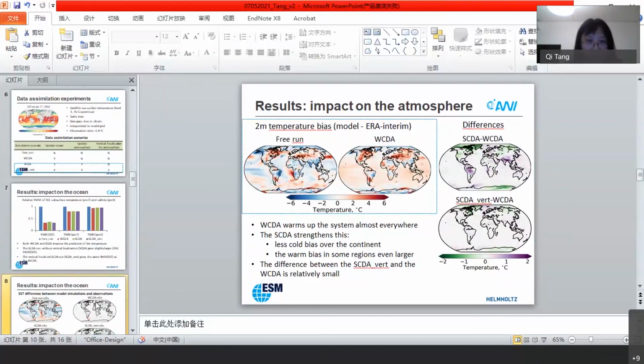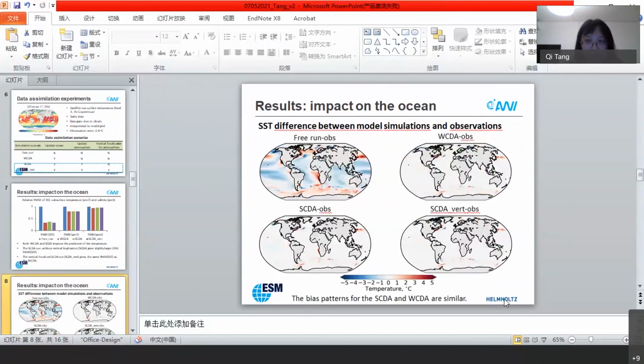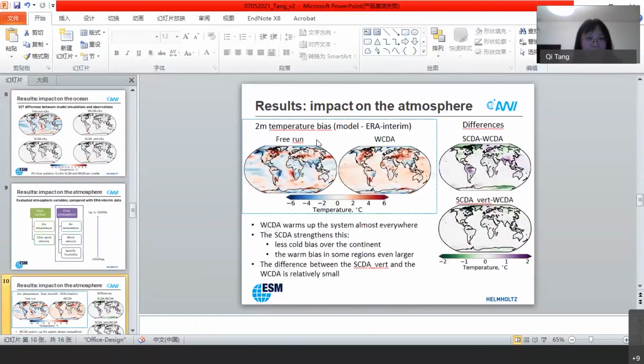Sorry, my computer doesn't work quite well. All right. For example, in some regions we already found this large bias for the SST, even if we directly assimilate SST, and we can't remove this large bias by either weakly or strongly coupled assimilation, and this is still the case for the 2-meter temperature and the atmospheric variables. But if we compare the difference between the strongly coupled and weakly coupled, it's not very clear.